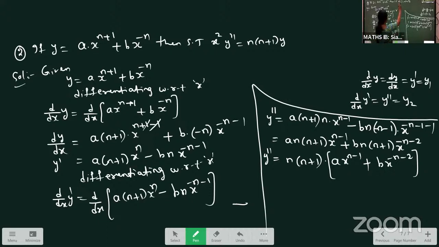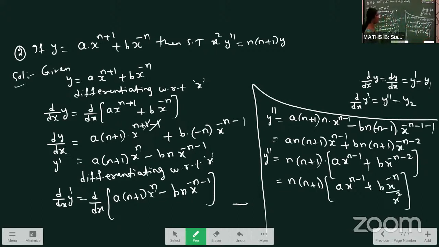We want to prove the value of x square into y double dash. So here what to do? A few more steps to simplify. n into n plus 1 as it is, a into x to the power n minus 1 as it is, plus b into x to the power minus n, x to the power minus 2, write it as 1 by x square.